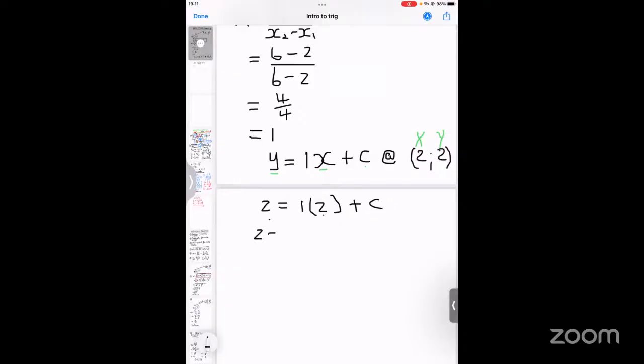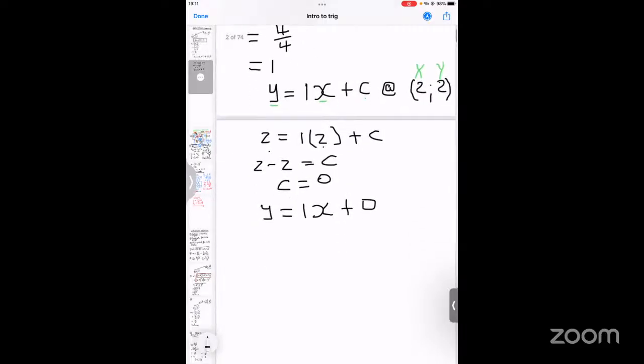It's like you have 2 minus 2 equals c. Then c is equal to 0. So now your equation is y equals 1x plus 0, which in simple terms is the same as y equals x. No need to write the 0.